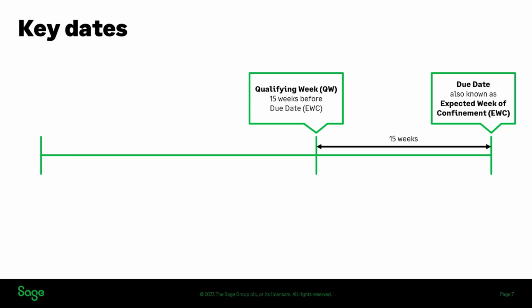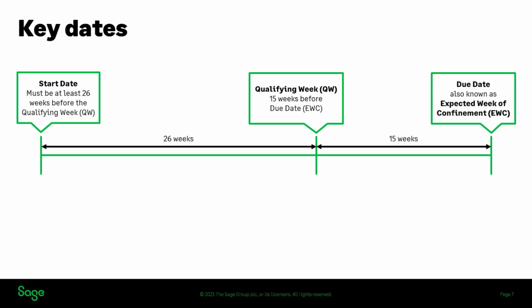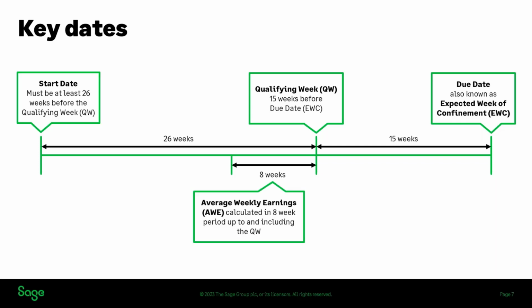So 15 weeks before the due date is the qualifying week, and that is the period up to which the average earnings is calculated. To qualify, they must have been working for you at least 26 weeks before the qualifying week. So that's the latest start date. And then the 8-week period where the average weekly earnings are calculated is the 8 weeks leading up to the qualifying week.